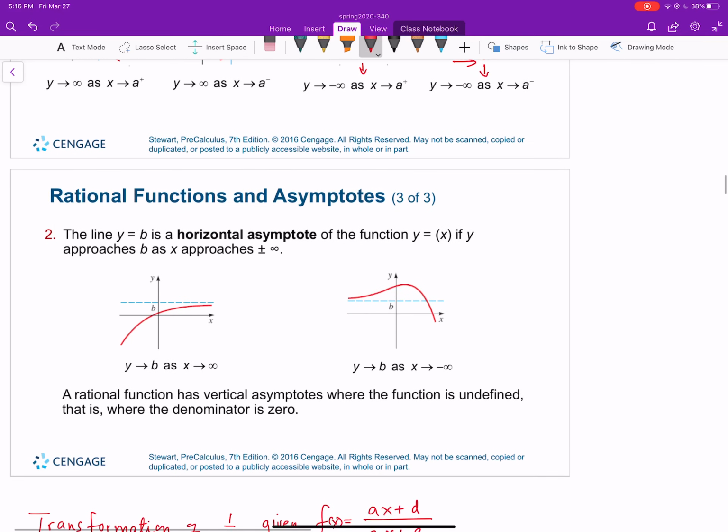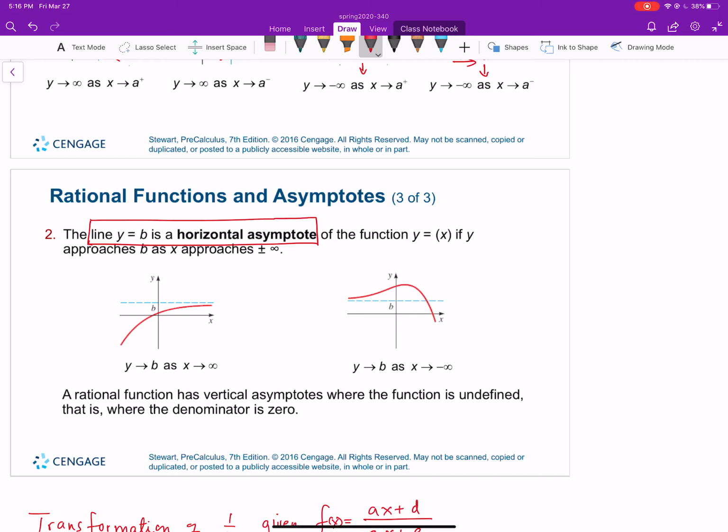Now let's look at the second scenario, horizontal asymptote. So a horizontal asymptote is defined as follows: the line y equal to b is a horizontal asymptote if y approaches b as x goes to positive or negative infinity.